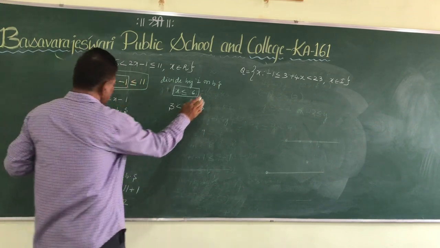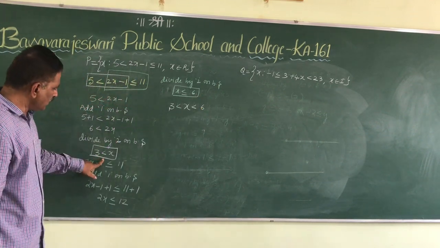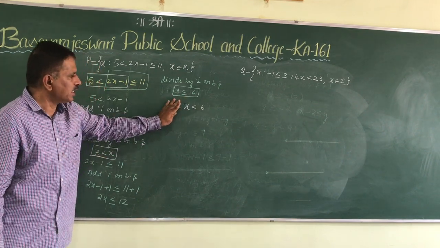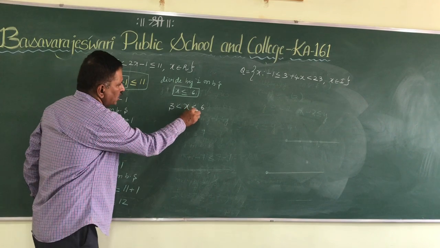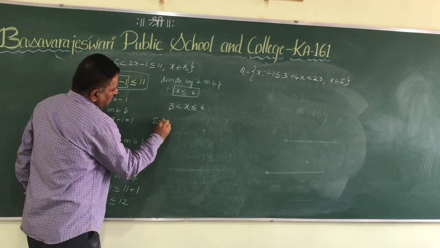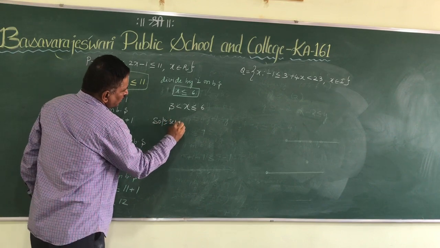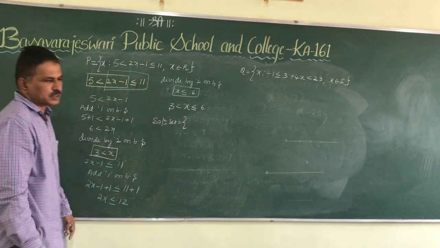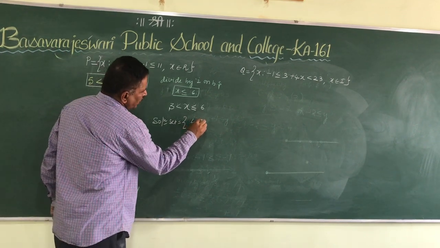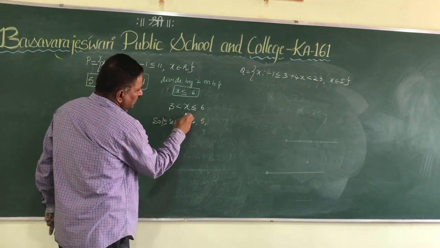So 3 is less than x, and x is less than or equal to 6. That means you have to write those values which are present between 3 and 6. That is 4 as well as 5. For 6, the equal sign is given, so 6 is also considered.